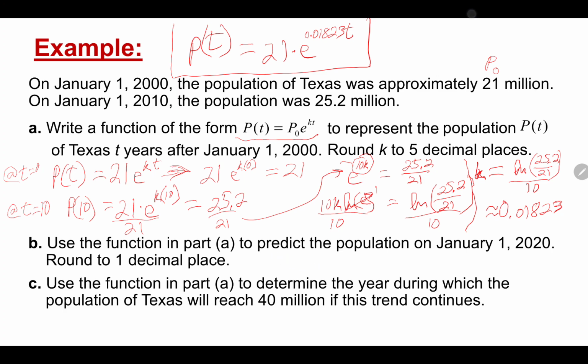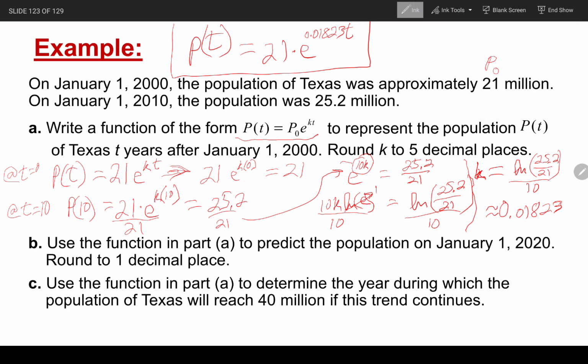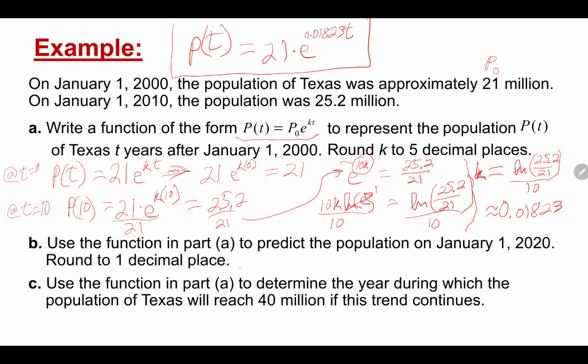Okay. And then ink. Okay, so this is at t equals 20. This becomes P of 20 is equal to 21 times e raised to the 0.01823 times 20.